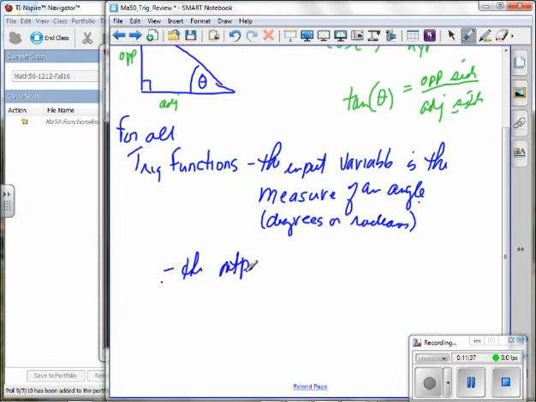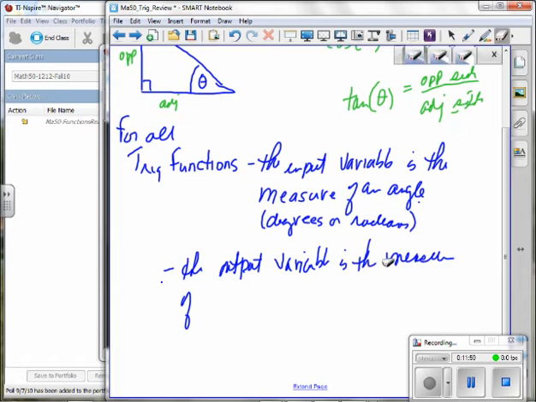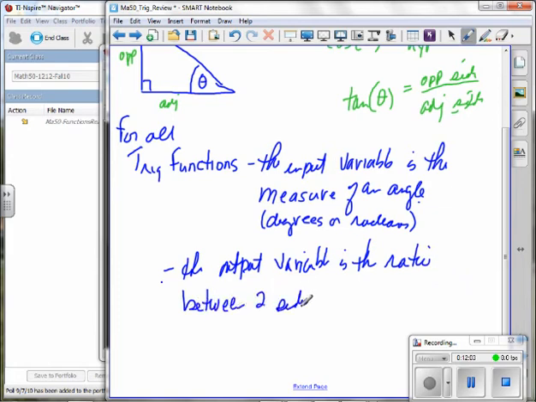The output variable is the ratio between two sides of a right triangle.